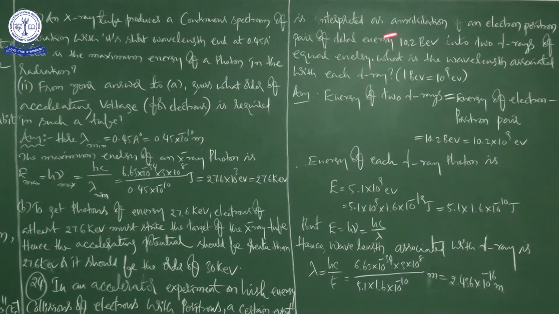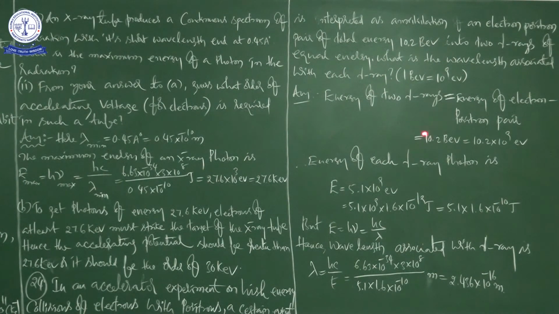So here 1 billion electron volt is equal to 10 to the power of 9 electron volt. Okay, I will repeat the problem once again. Please concentrate. In an accelerator experiment on high energy collisions of electrons with positrons, a certain event is interpreted as annihilation of an electron positron pair of total energy 10.2 billion electron volt into 2 gamma rays of equal energy.